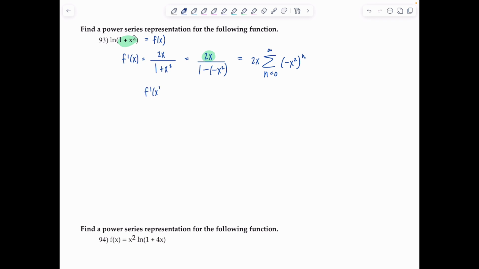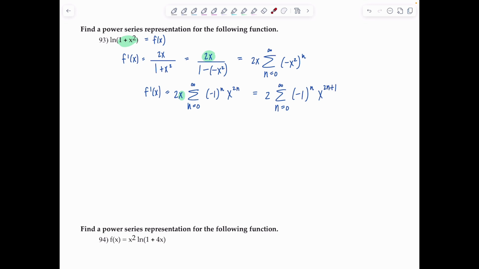So f prime of x is 2x times the sum n equals 0 to infinity, negative 1 to the n, x to the 2n. And then that looks weird because we should bring this x inside the sum. So then this is 2 times the sum, n equals 0 to infinity, negative 1 to the n, x to the 2n plus 1. Good?